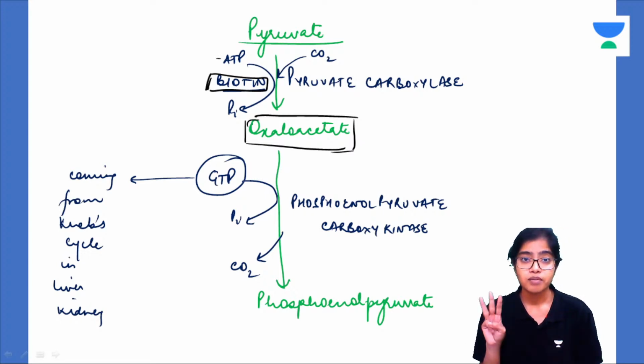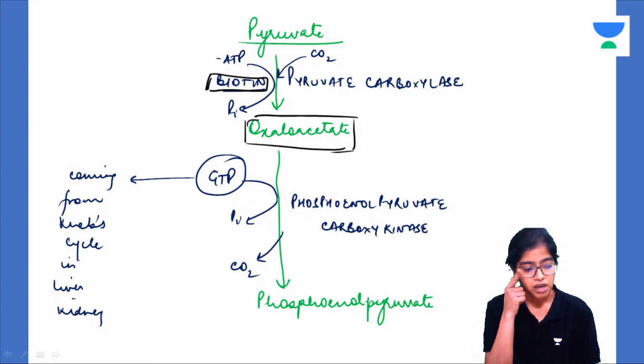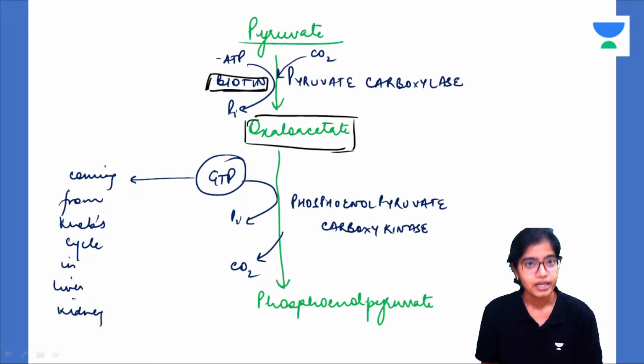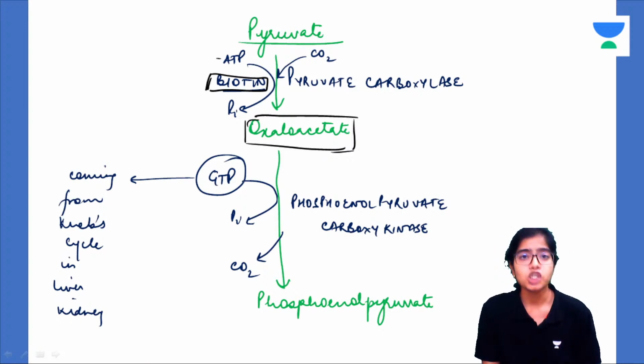So three things are important. Carboxylation occurs, as is evident from the name of the enzyme, carboxylase. Pyruvate is getting carboxylated. Addition of carbon dioxide is carboxylation. The cofactor is biotin. Always remember the vitamins that play a role as cofactors. Extremely important for any short note.